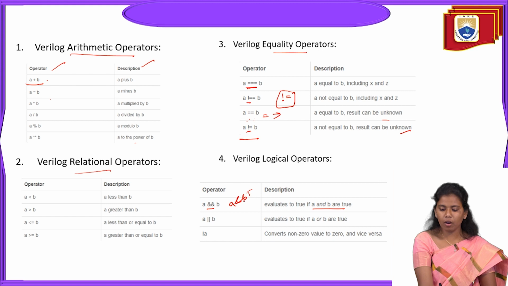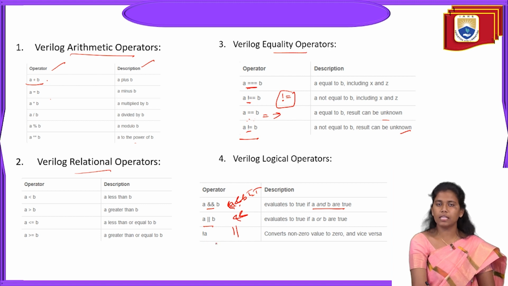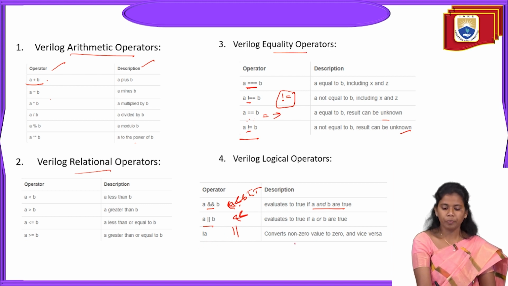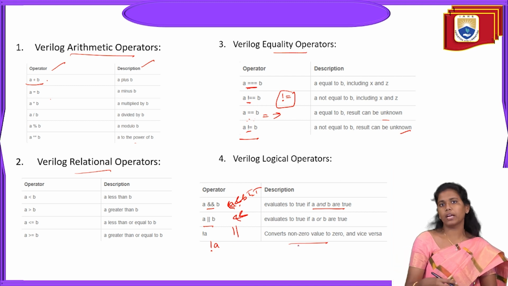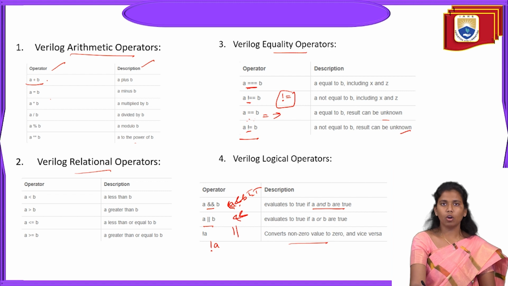Then there is A || B. The logical operators are represented with AND as double ampersand and OR as double bar. Then there is NOT, which converts a non-zero value to zero and zero to non-zero. These are nothing but the logical operators.